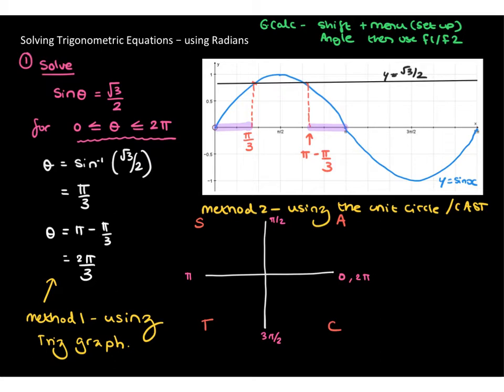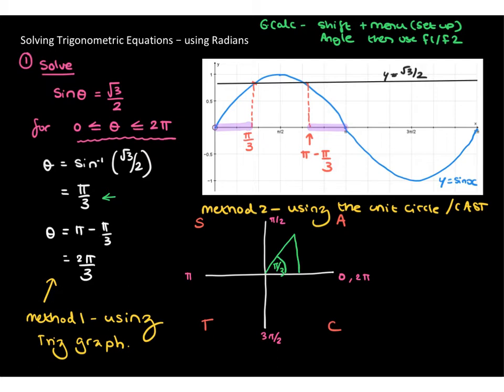Now we are solving sine theta equals root 3 over 2, and we know that the principal answer to this is the value we got earlier on. It's this value of pi by 3, which is a positive angle in this quadrant here. So we know we've got our principal answer of pi by 3. Now we then need to reflect into another quadrant where sine is still positive.